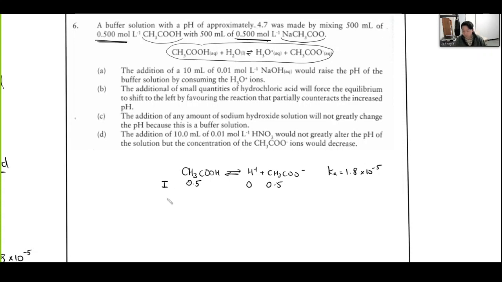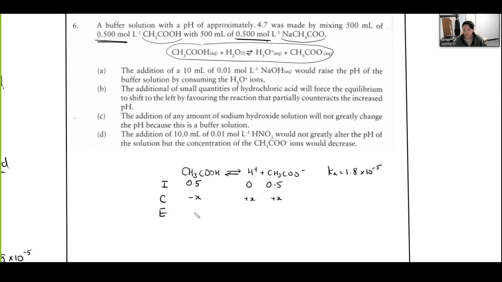Now, this will go through some change. Because there's almost nothing here, this will shift into these two. So it has to shift to the right. So this will be 0, negative x, plus x, plus x.